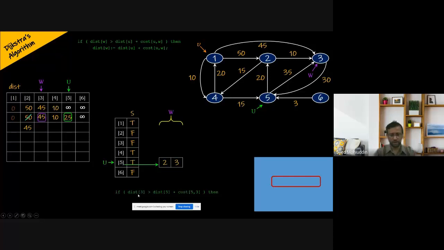The distance of 3, which is 45, is greater than the distance of 5, which is 25, plus the cost of 5 comma 3, which is 35. So 45 greater than 25 plus 35 is false. So we will not update it, and the rest of the other values remain the same.